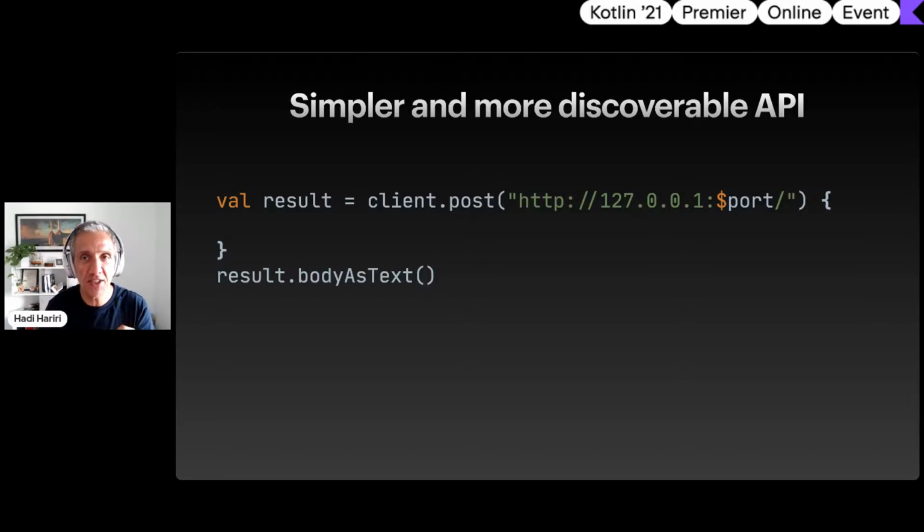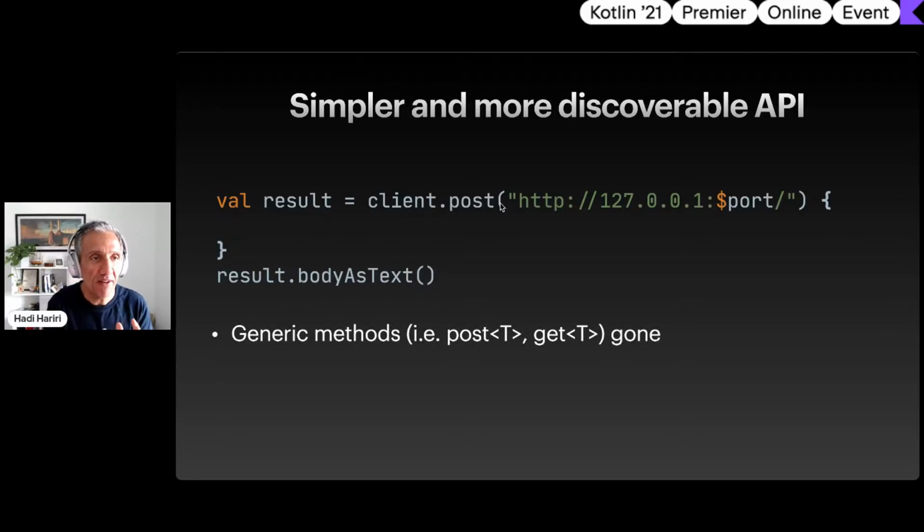But before we get to the result, notice one thing. This is no longer a generic function. So we've gotten completely rid of the post T, get T, etc. We've tried to simplify it so that you don't have to worry about this and pass in the type initially when you call it, and we'll see how you get access to that.